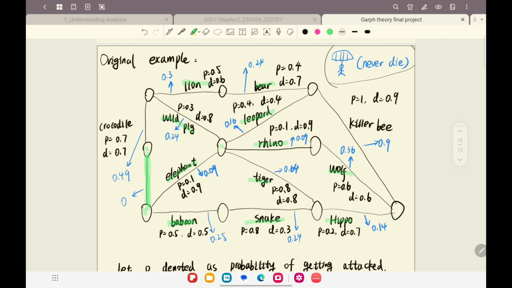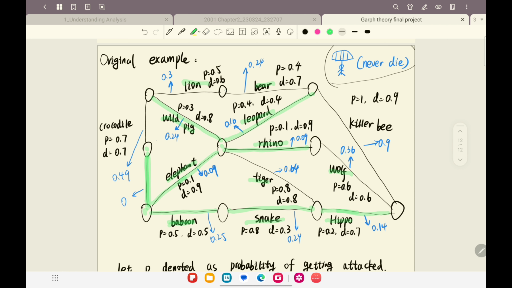The next one is 0.09, 0.09, and the next is 0.14, and the next is 0.16, and the next is 0.24, 0.24, 0.25.